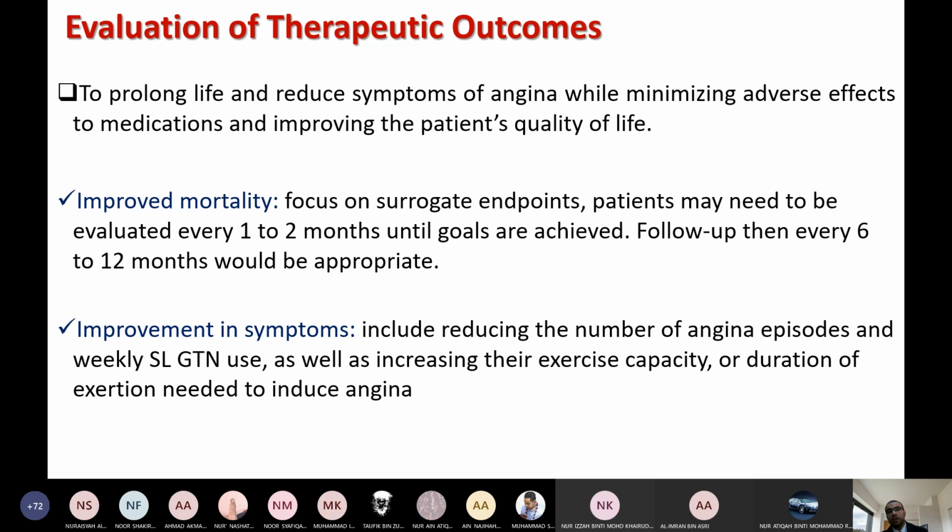All these are indicators or proxies that give us an indication of the improvement in the symptoms. So we have outcomes related to improvement in mortality and outcomes related to improvement in symptoms.